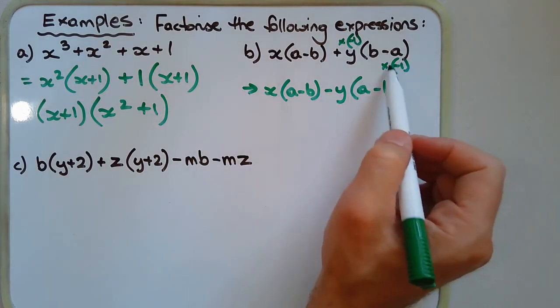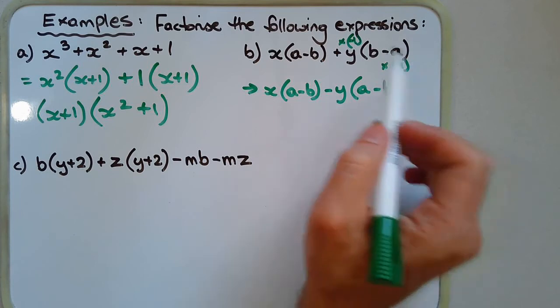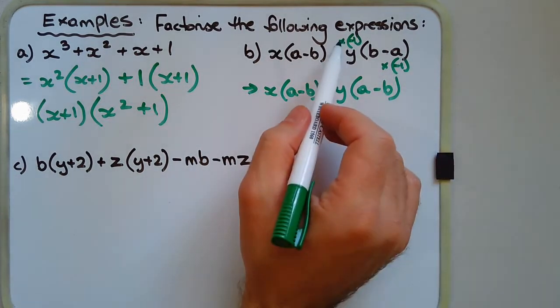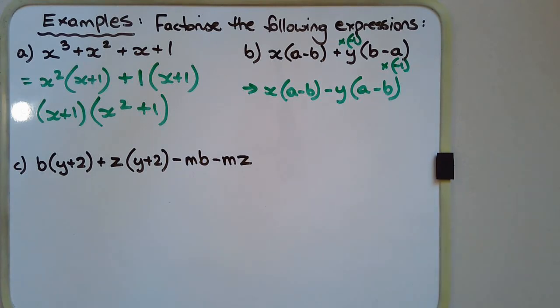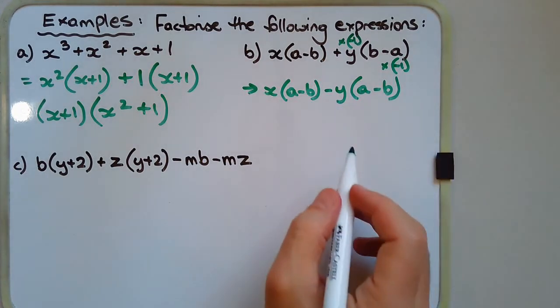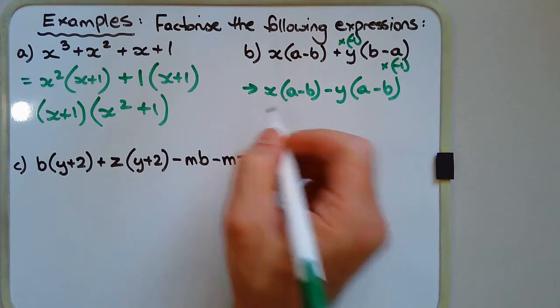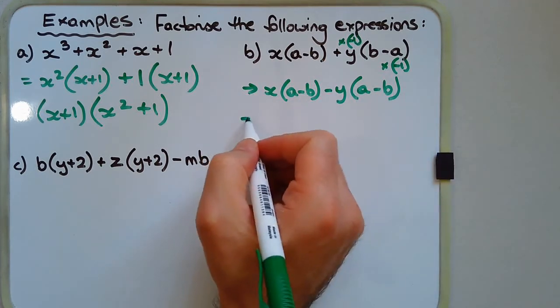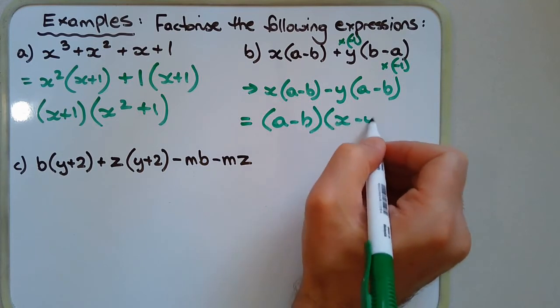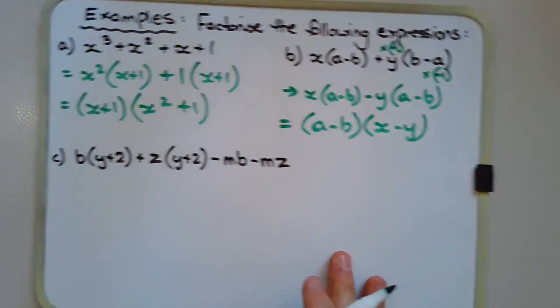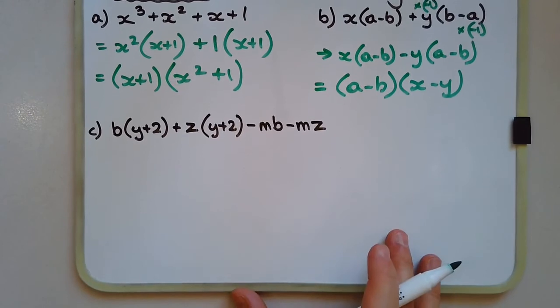So we're compensating for this multiplication by -1 by multiplying by -1 on the outside. So -1 times -1 is just +1, nothing happens. There's no change in value, just change in form only. So moving on, we now have a minus b as our common factor, and that leaves behind x minus y.